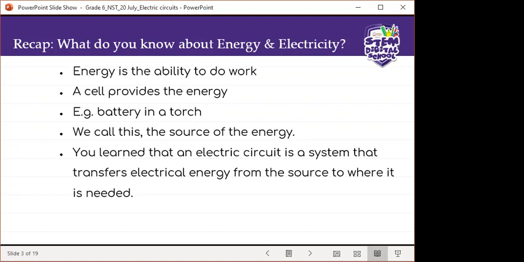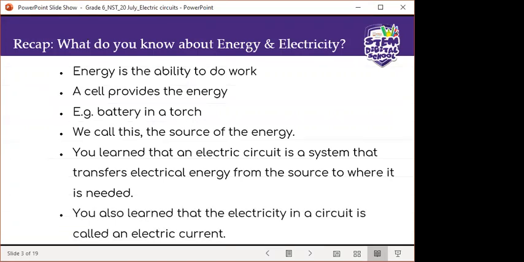If we use the example of the torch again, the charged particles will move from the battery to the light bulb in order for it to switch on. Okay, then lastly, we also learned that the electricity in a circuit is called electric current. So this last bullet here, it is very important that we won't always refer to electricity in a circuit as electricity, but we might call it electric current.